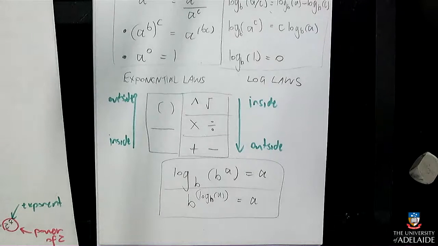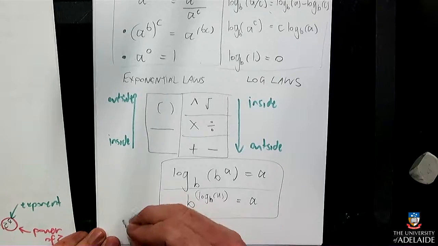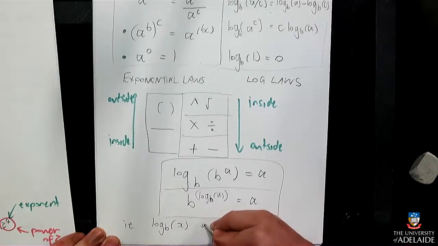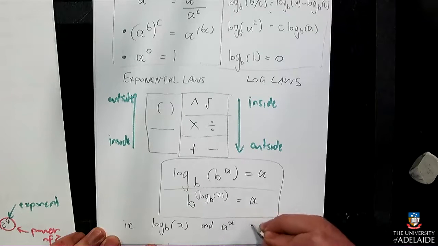Okay, an exponential function, if you keep adding to the x, you'll multiply the y's, whereas a logarithm's the other way around. If you multiply the x's, you'll keep adding to the y's. And so if you feed the y into the x, they'll cancel each other out and do the opposite of each other. So i.e. log base b of x and a to the x are inverses.